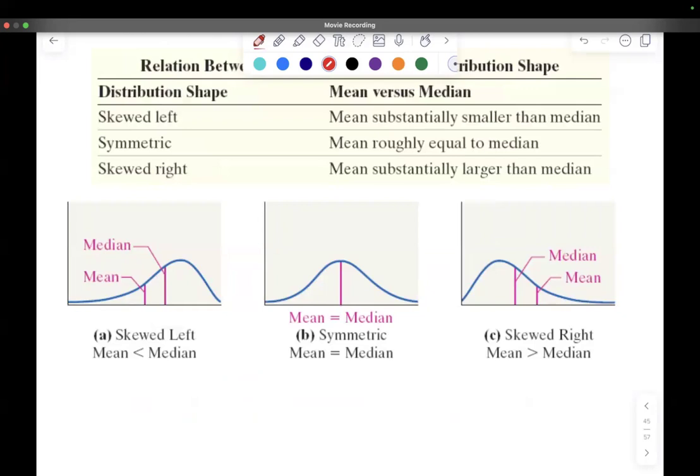So if the mean is less than the median, we are skewed left. If the mean is greater than the median, you're skewed right. If they're roughly the same, if they're really close, then it is symmetric. It's bell shaped. I'm going to write bell shaped. I mean, it definitely could be uniform also, but we use uniform so rarely.